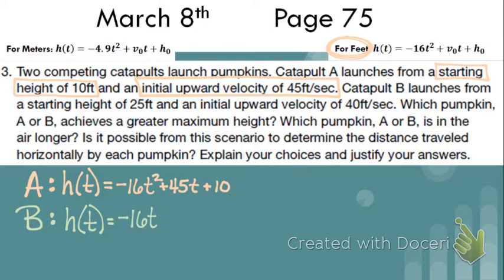Negative 16t squared plus 40t plus 25. Initial upward velocity here is 40 feet per second, and the starting height is 25 feet. So far, so good? Yes, ma'am.